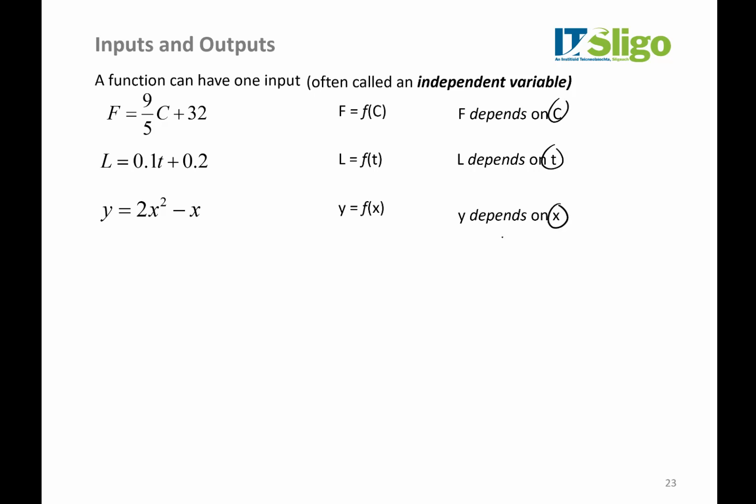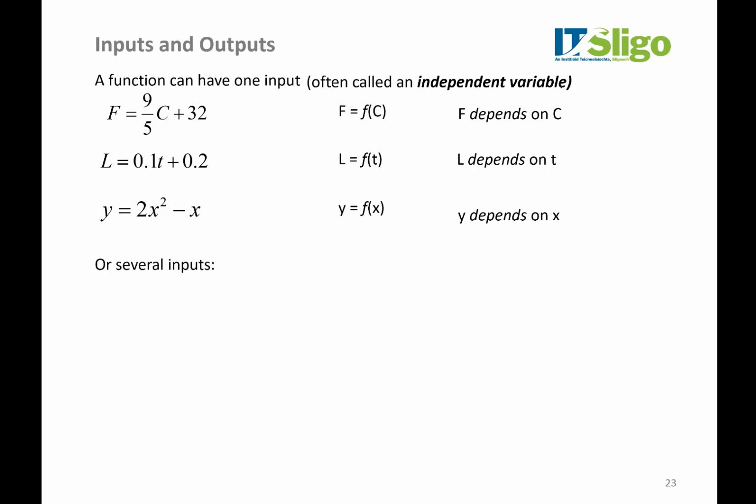We choose them. When we feed them into the function, we then get an output. So the output is called the dependent variable because it depends on the value of x. And the input is called the independent variable because it doesn't depend on anything. It's simply the experimenter's choice.